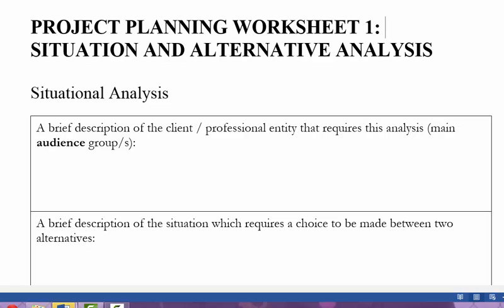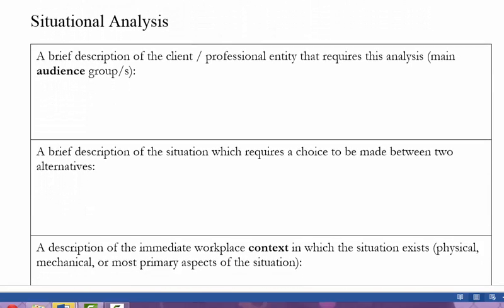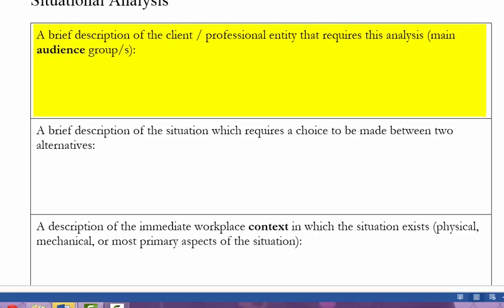The first project planning worksheet asks you to analyze the situation and the 2 alternatives that you'll be comparing in your recommendation report project. So first of all, you need to think about who the organization is and what their problem is that you will be responding to in your recommendation report.